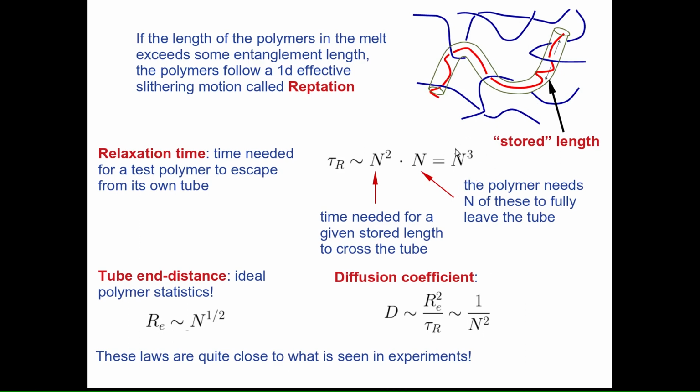The experiments are not spot on the power 3 and the power 2, but they slightly deviate. Experimentally, one typically finds relaxation time scales as n to the power 3.3, and I guess that here instead of 2 it is 2.1. So very close, but not yet fully overlapping.